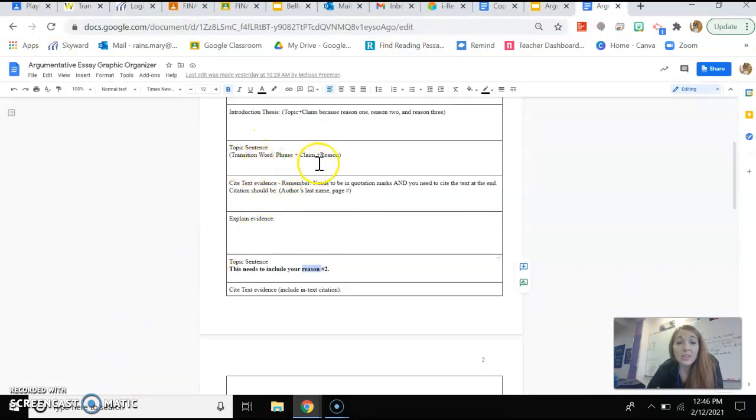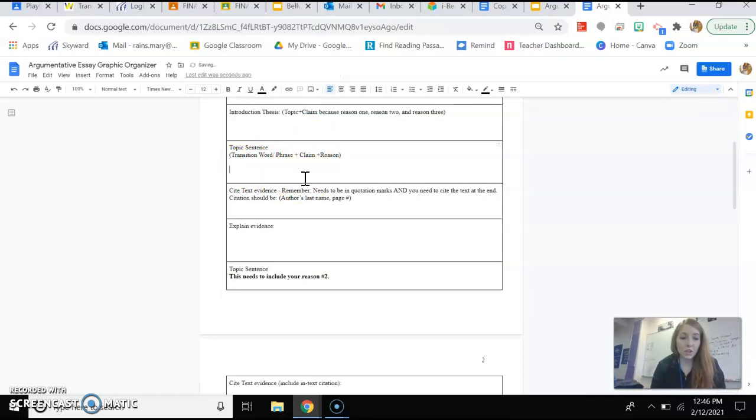The second part says claim. So we already created our claim up here for the thesis. So what you guys can actually do is go ahead and copy and paste your claim, which is the world's biggest problem is blank because, and then you can put that down here after your transition word or phrase. So I'm just going to show you an example of how this should look.